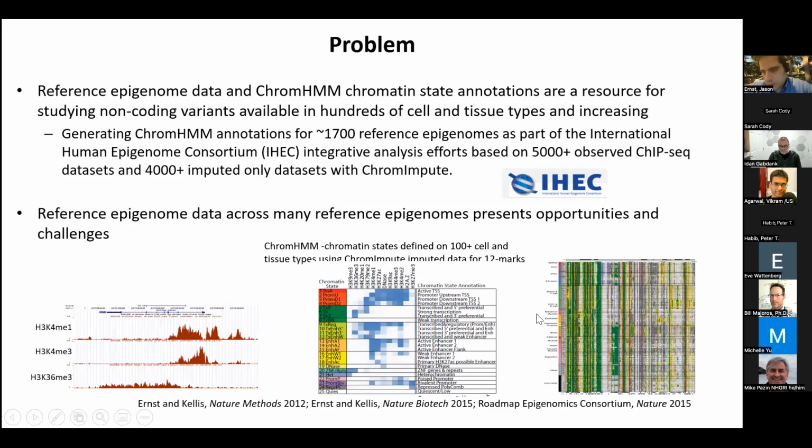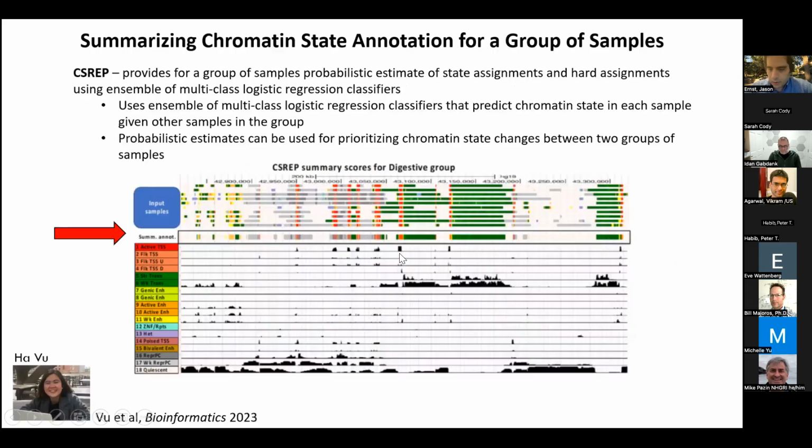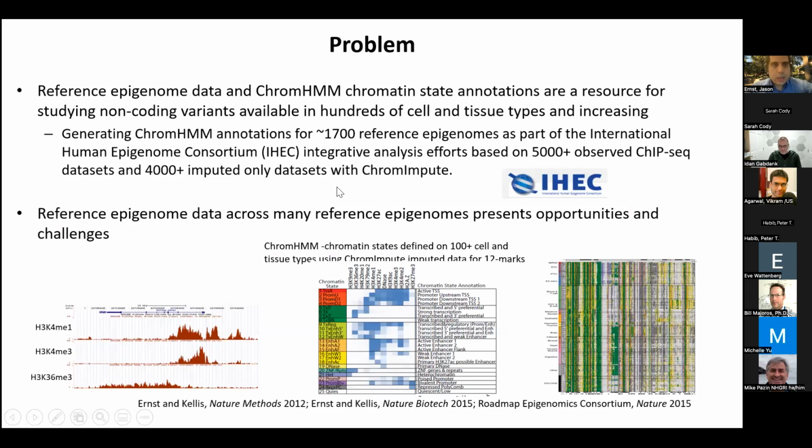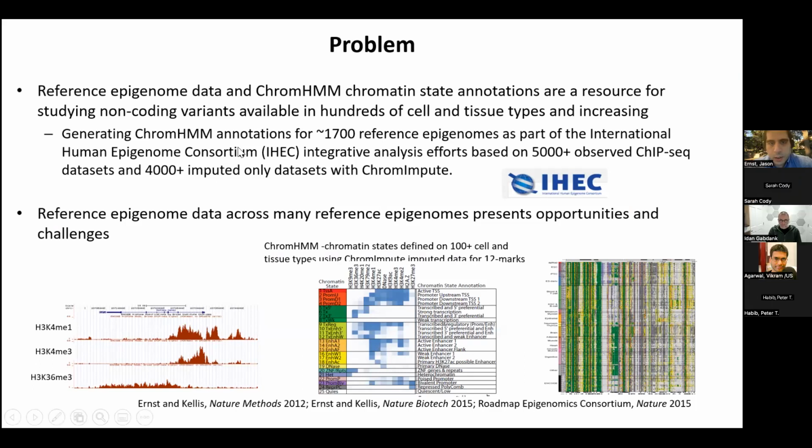Some of the input data to this was imputed based on ChromImpute, which can do an imputation. But one of the challenges and opportunities now is that we have this type of reference epigenome data for hundreds, and soon close to 1,700 reference epigenomes.